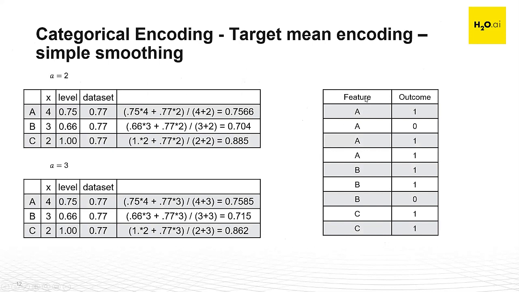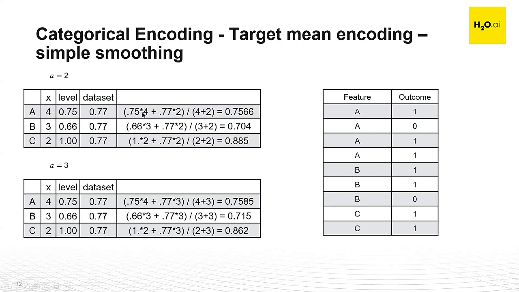As you can see here, I have a feature that takes values A, B, and C. In A, I have 3 1s and 1 0. So this will make my target 0.75. But if I calculate over all the data set, then the target is 0.77.